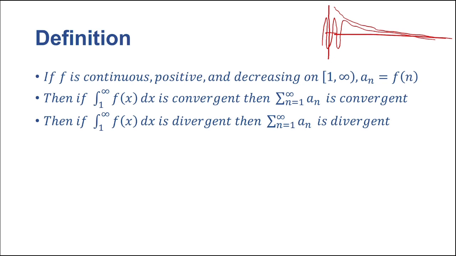We know how to take improper integrals, so we can correspond our a sub n to a function, integrate that function, and determine whether it's convergent or divergent, and that corresponds to whether our series is convergent or divergent. Again, this doesn't tell us what it converges to or what it diverges to, although that would be infinity. It just tells us whether it converges or diverges, kind of like that limit test.